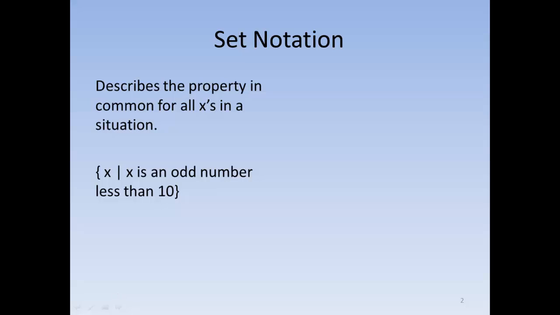So this is an example of set notation here. It says x, this stands for all x's or all values, and the up and down bar is read "such that."